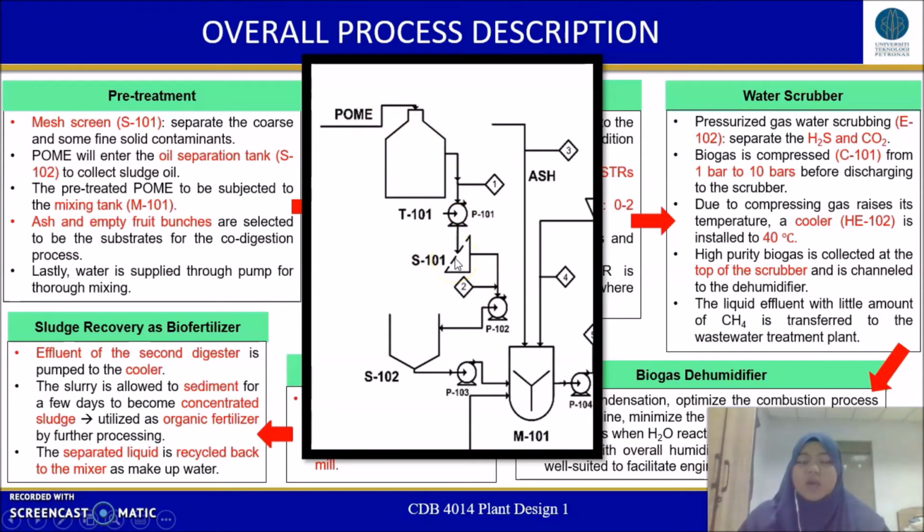We separate any coarse or fine solid contaminants, and then it goes to the oil separation tank. We collect the slash oil, and then the POM enters the mixing tank, where we add the co-feed of ash and empty fruit bunch, and also water. The co-feed acts as the substrate for the co-digestion.